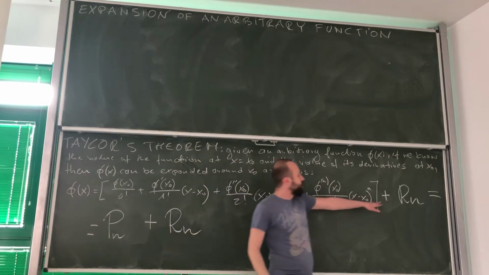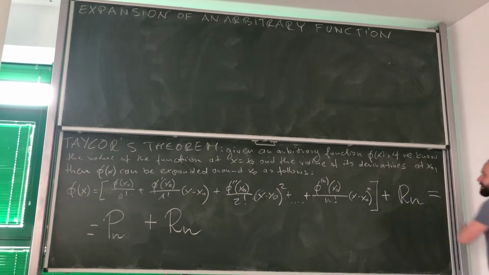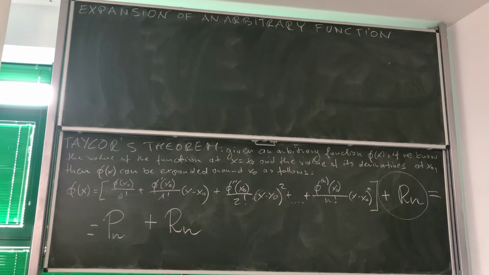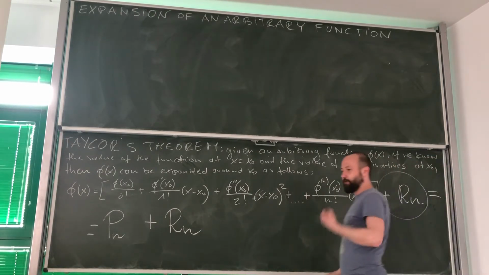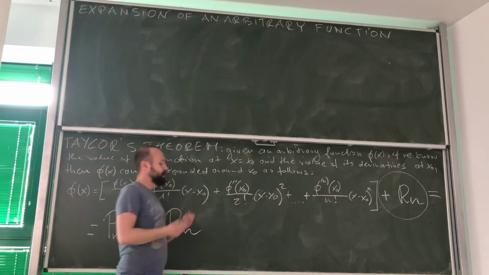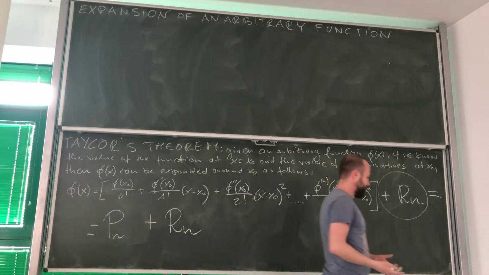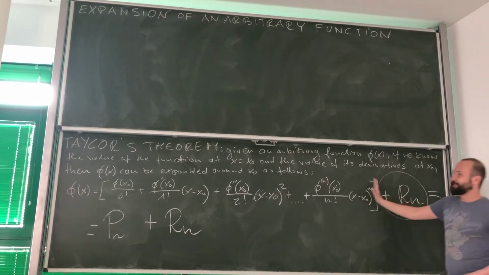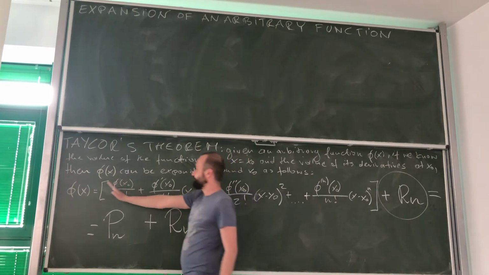However, you might notice that something new appeared over here. Because before we were basically rewriting a polynomial function from one form into the other, and that was enough, right?